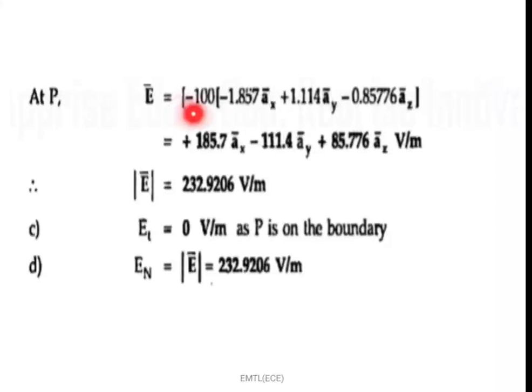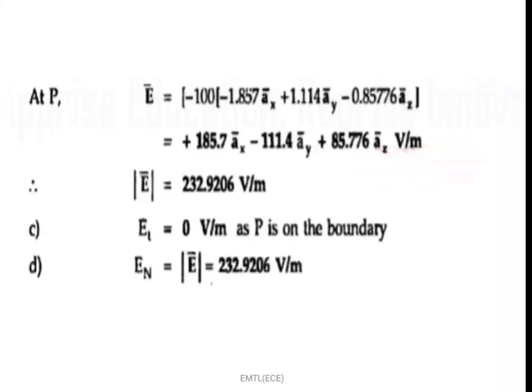Now by calculating the electric field intensity value and multiplying with the 100, finally the electric field intensity vector in this problem is obtained as 185.7 Ax bar minus 111.4 Ay bar plus 85.776 Az bar volt per meter.